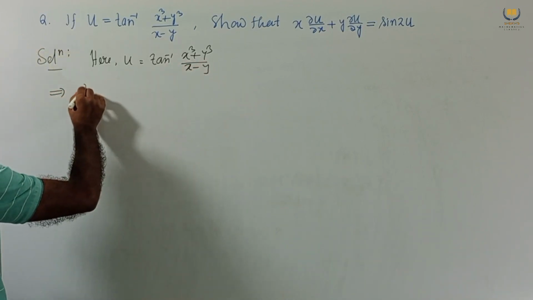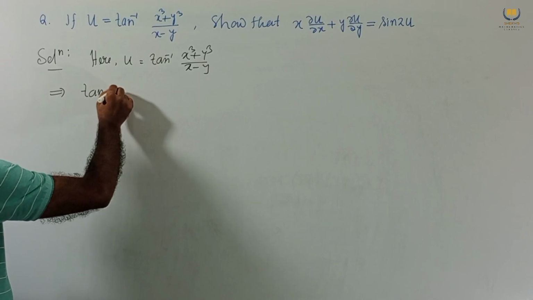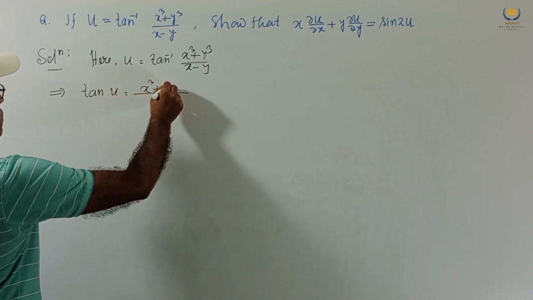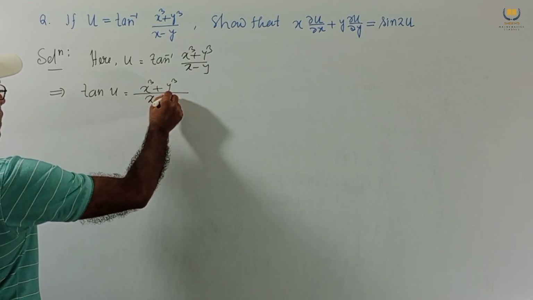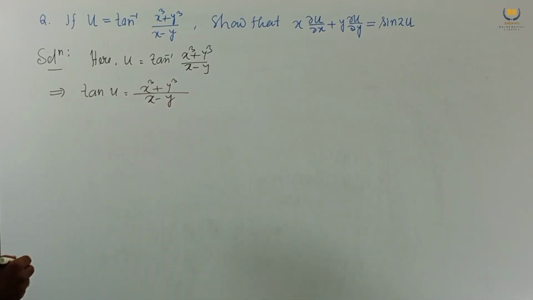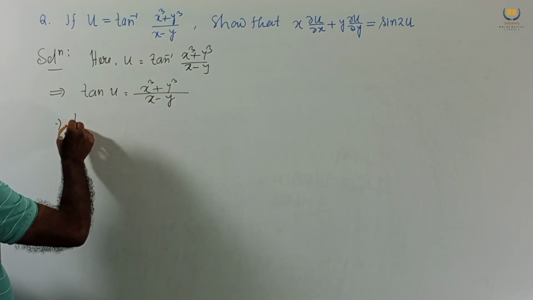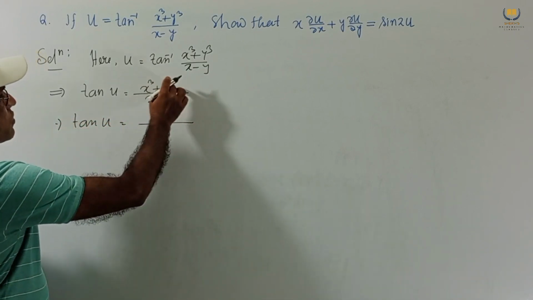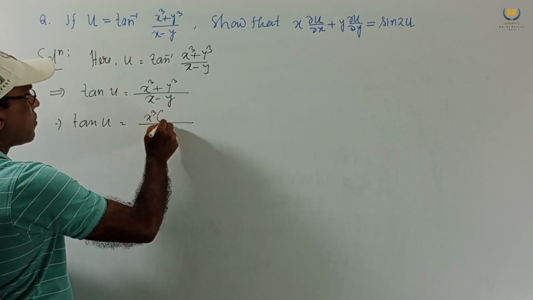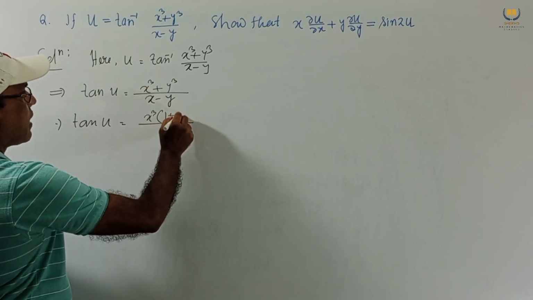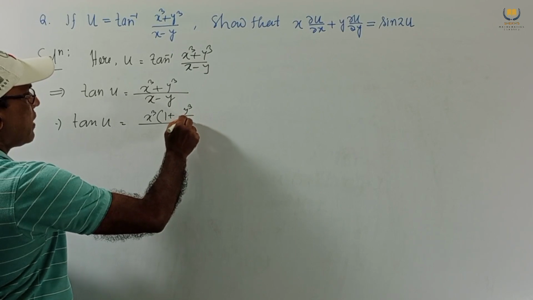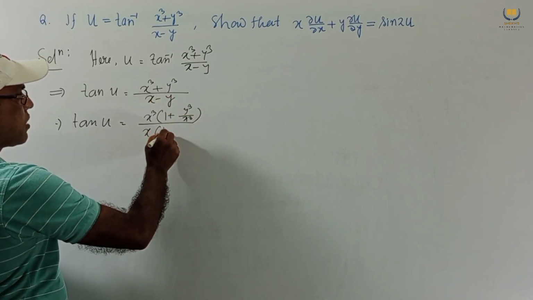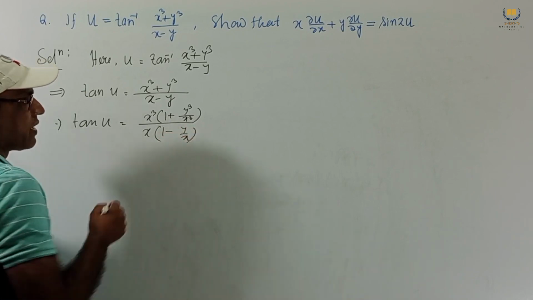This implies tan u equals (x³ plus y³) by (x minus y). From the numerator, taking x³ common, we get 1 plus y³ by x³. From the denominator, taking x common, we get 1 minus y by x.